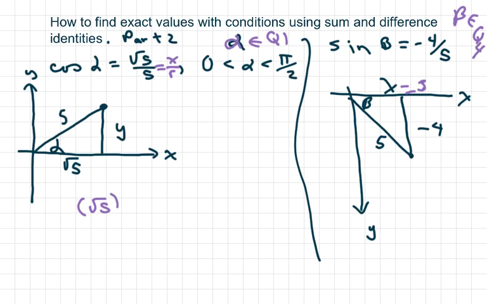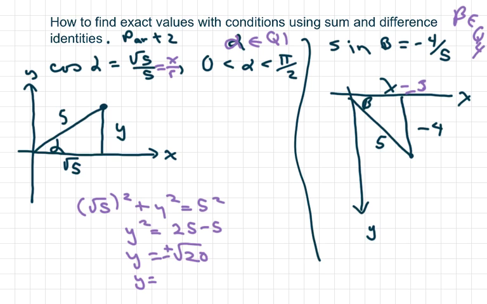So we have square root of 5 squared plus y squared equals 5 squared. So we have y squared equals 25 minus 5. So y is plus or minus square root of 20. We're going to use the plus, because we're in quadrant 1.